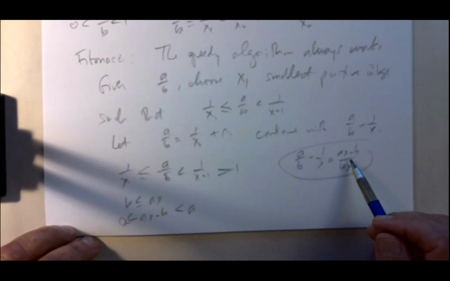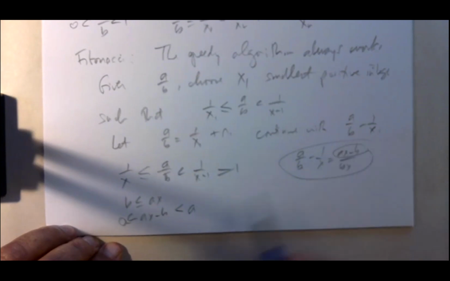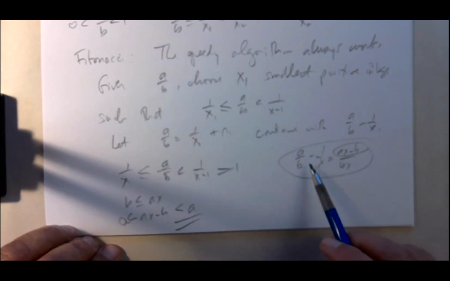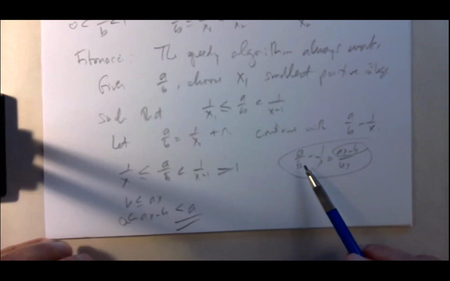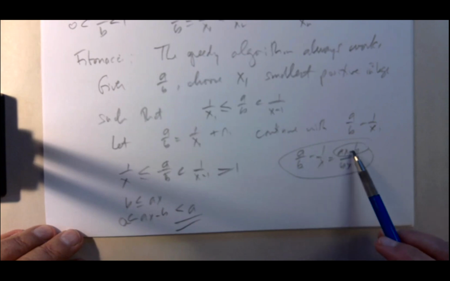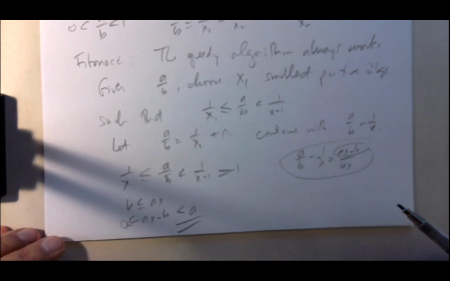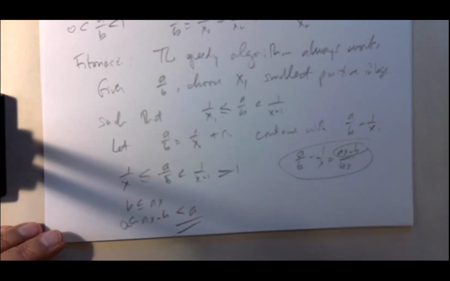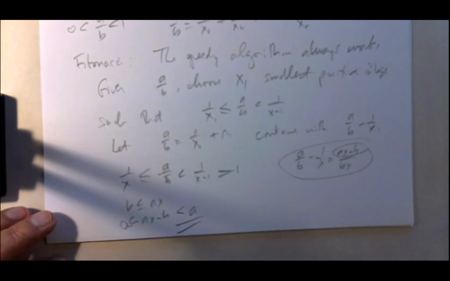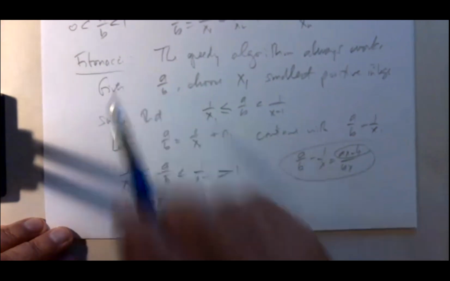This might not be reduced to lowest terms, but in any case, Ax minus B is strictly smaller than A. So as you go through this algorithm of picking successively the largest Egyptian numbers you can, the remainders have a decreasing sequence of numerators, positive integers decreasing. At some point, it has to stop, since there's some principle they teach you in preschool that a strictly decreasing sequence of positive integers has to be finite. So this is Fibonacci's algorithm.